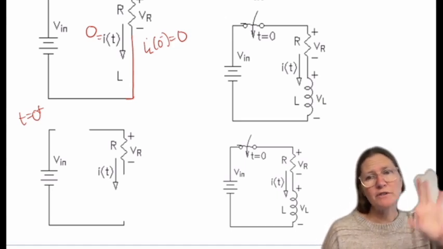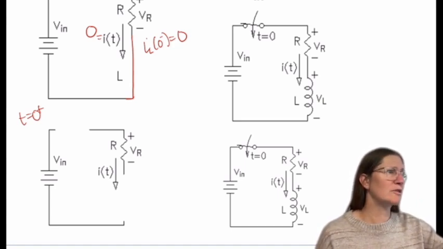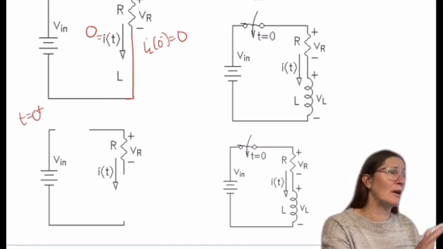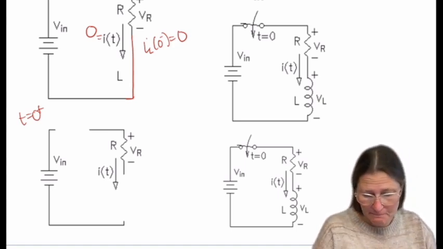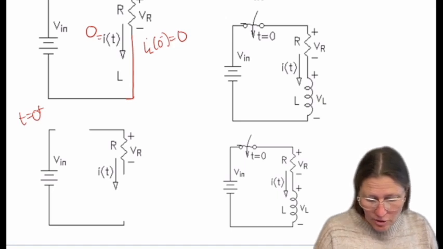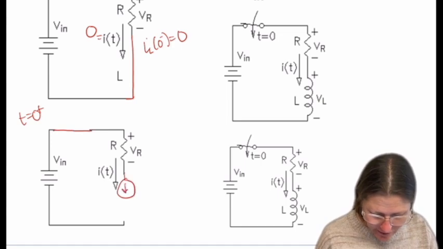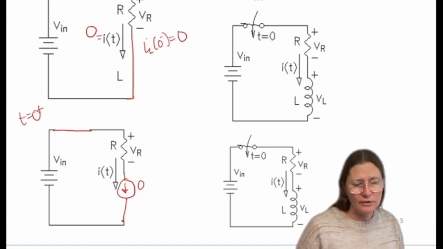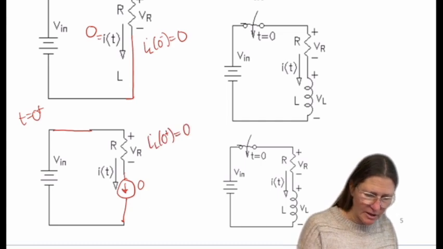But if you have a different element that you're trying to find, you would need to use the current source for an inductor and a voltage source for the capacitor, before you solve for the inductor current in this case. So this one will be closed, and then this acts as a current source with current value of 0. So IL of 0 plus is also 0. So that's my initial value.